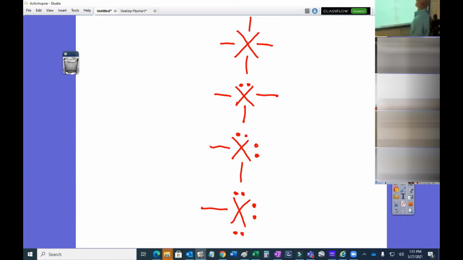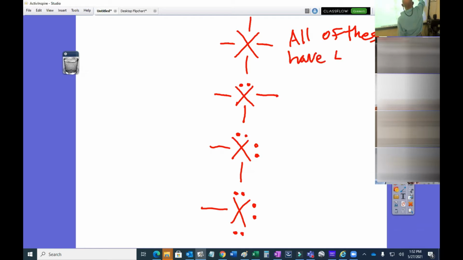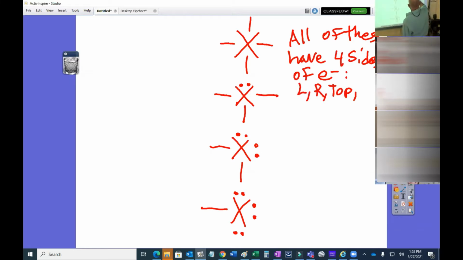In all cases, all of these have 4 sides of electrons, whether they're bonded or unbonded: left, right, top, and bottom.